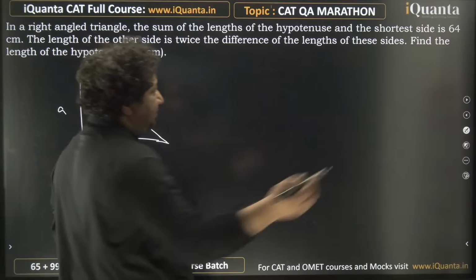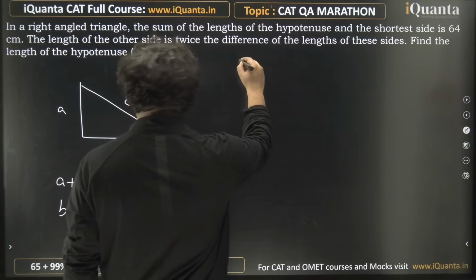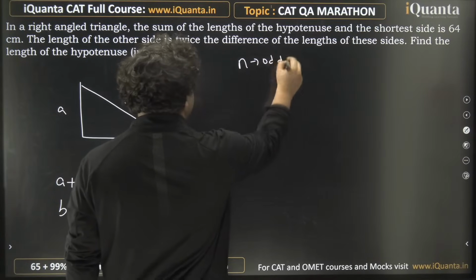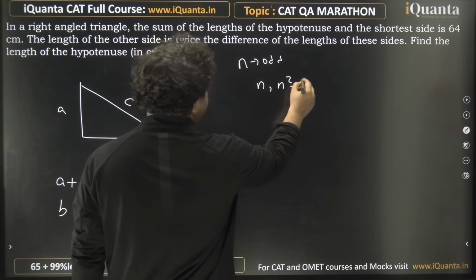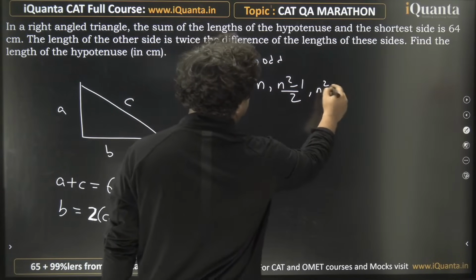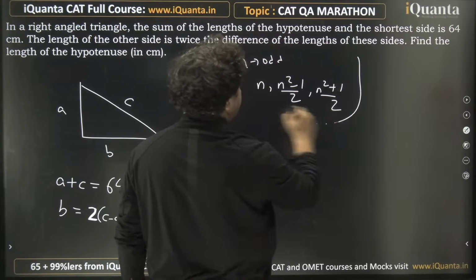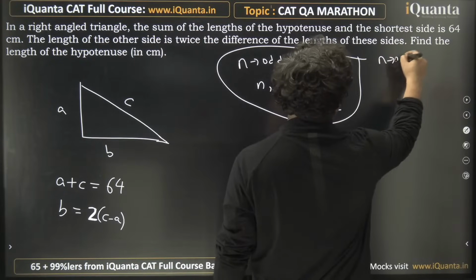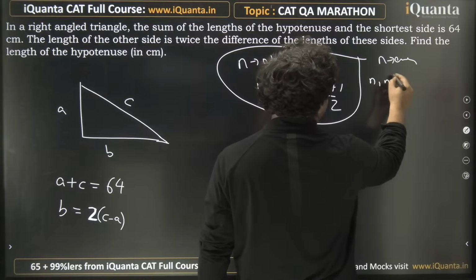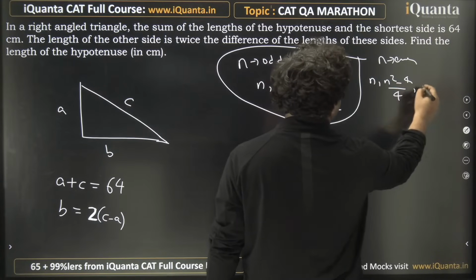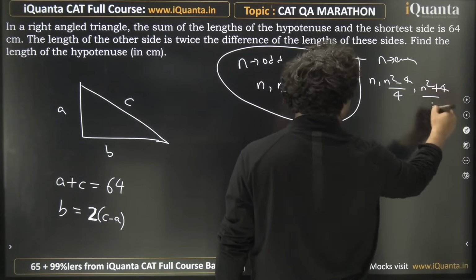That is called Brahma triplets. So, if n is odd, the triplets are n square minus 1 by 2 and n square plus 1 by 2, right? And if n is even, you can use n square minus 4 by 4 and n square plus 4 by 4. All right?